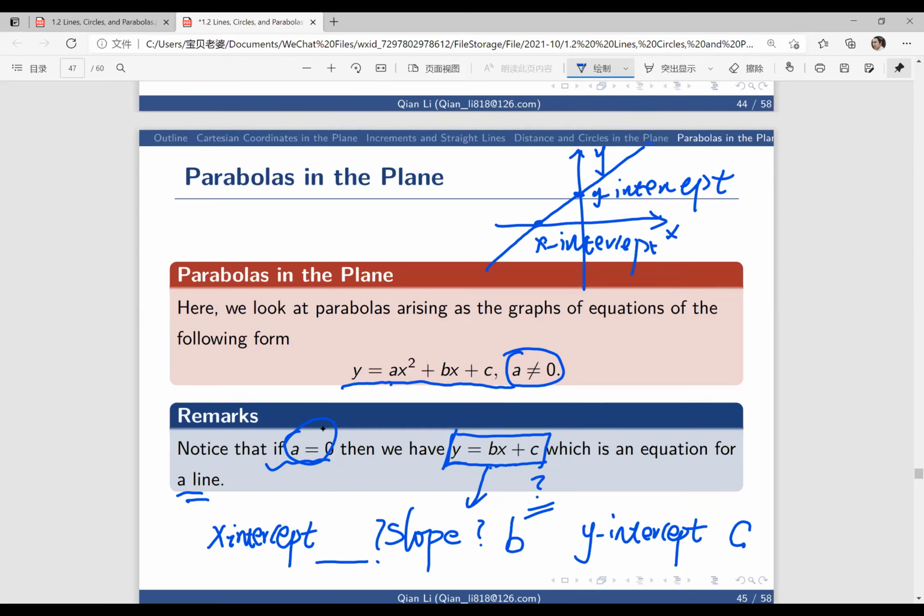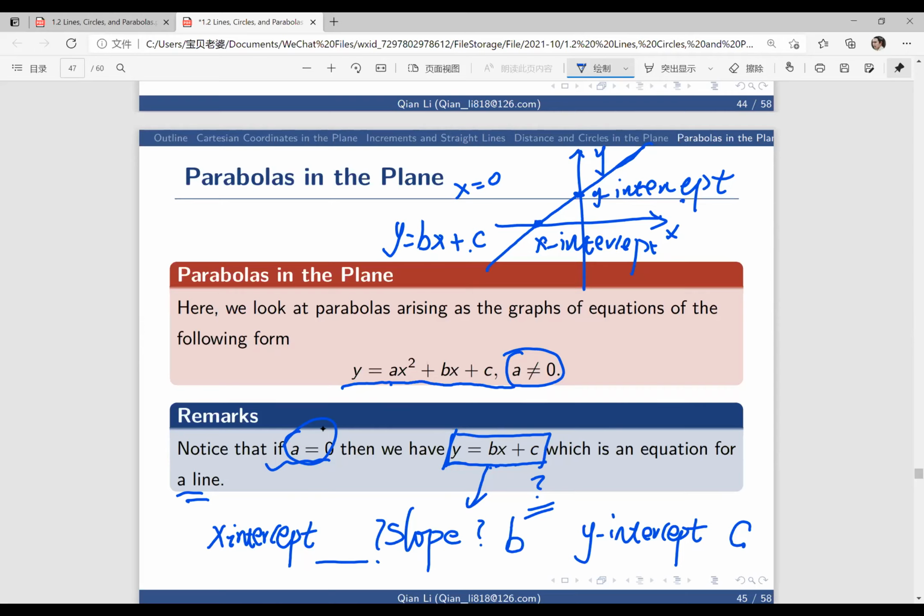So if the equation of this line is y equals bx plus c, then the y-intercept means if x is equal to 0, then y is equal to c, which is the y-intercept, right?